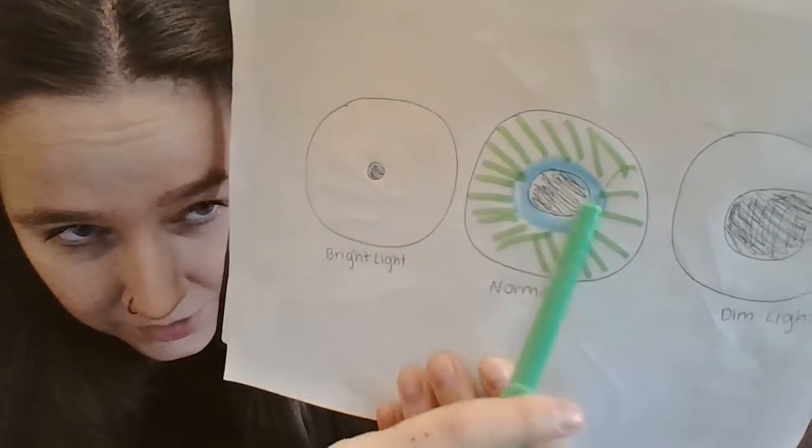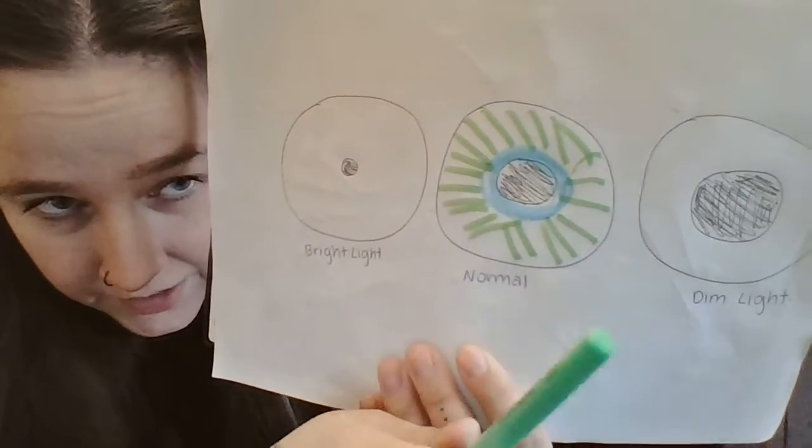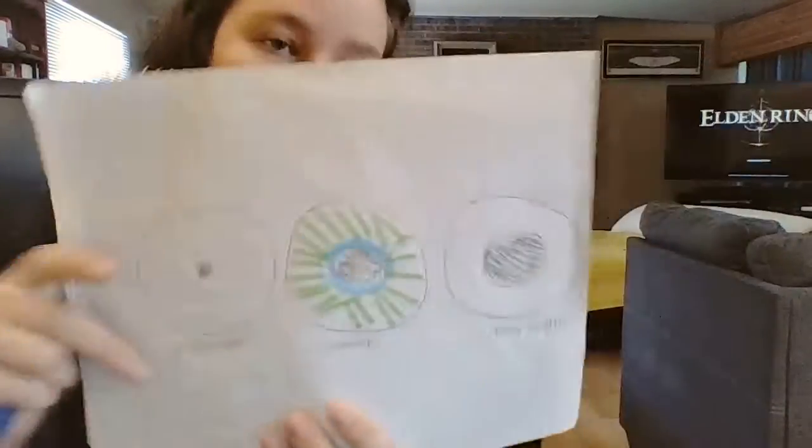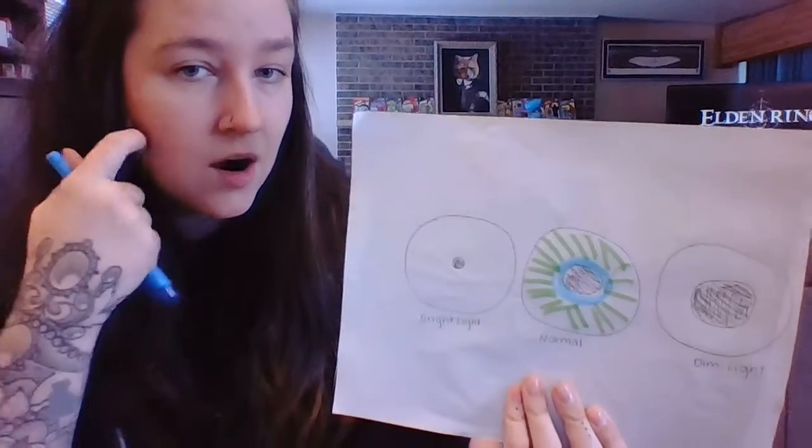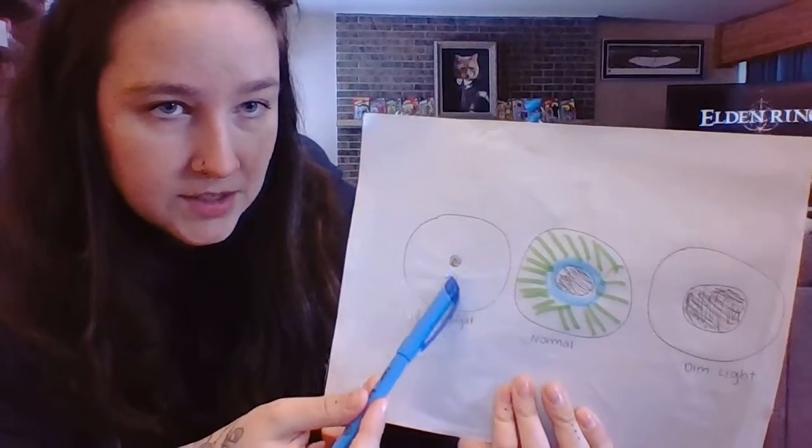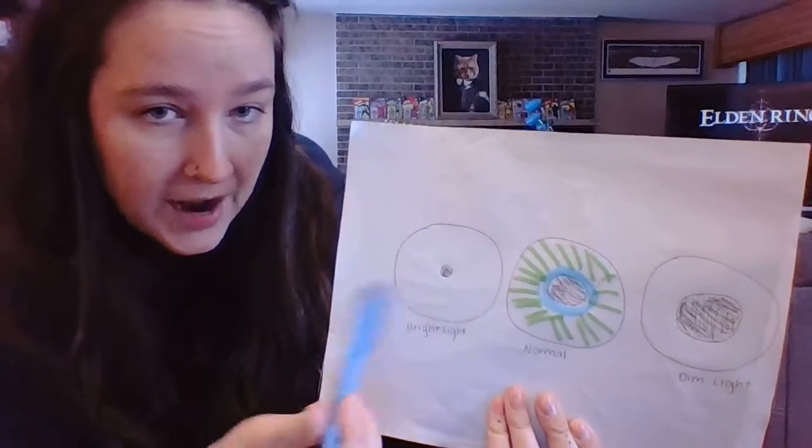I'm going to draw them here quick for you. On the normal eye, we have radial and we have circular. The circular muscles are in blue, the radial muscles are in green. Now, when we are looking at bright light, our pupil reduces in size as the circular muscles of the iris contract.